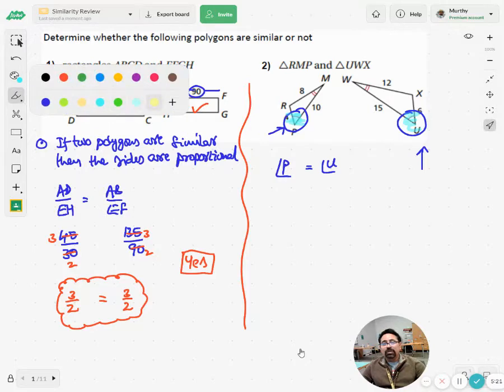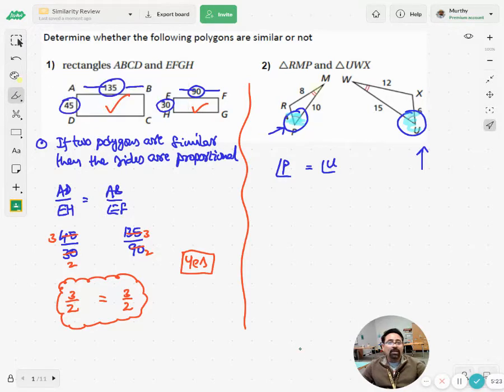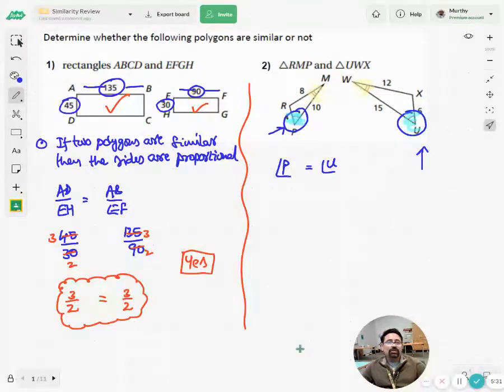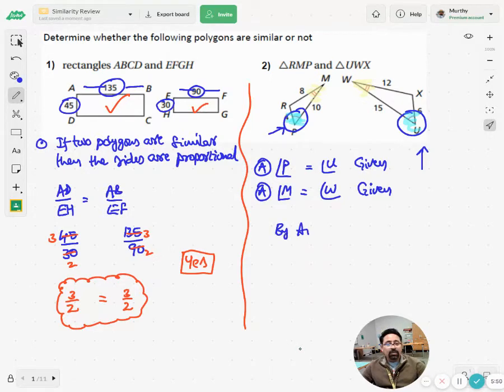When it comes to the other angles, angle M and angle W, these two have the same kind of markings, which shows that angle M and angle W are equal. So these are given. So we have two angles given equal, therefore by AA similarity, these two triangles are similar.